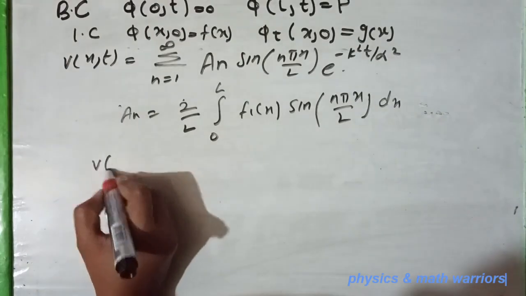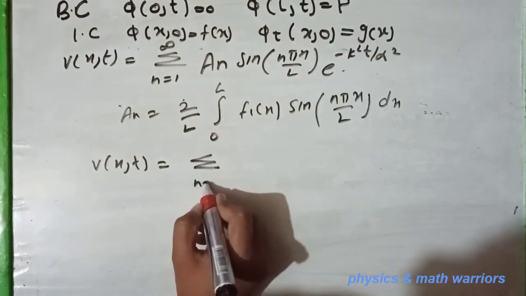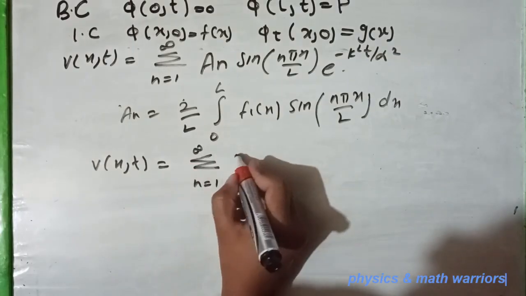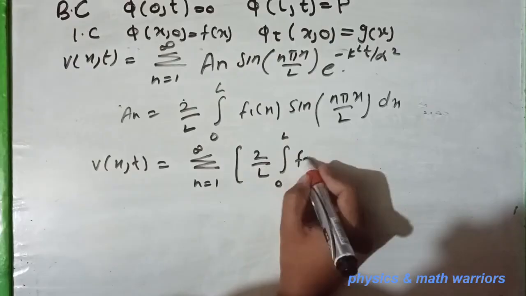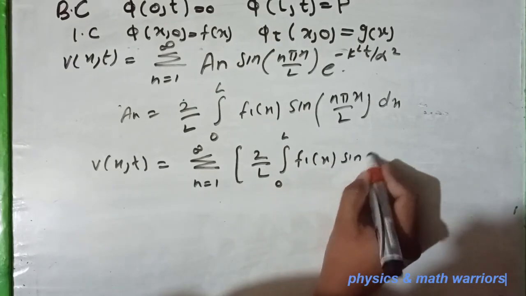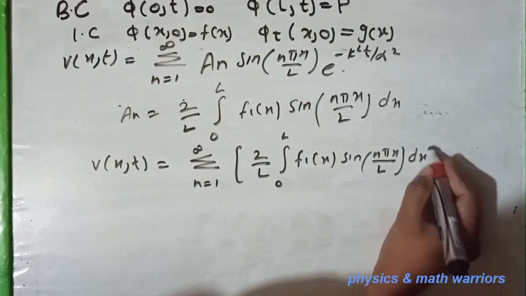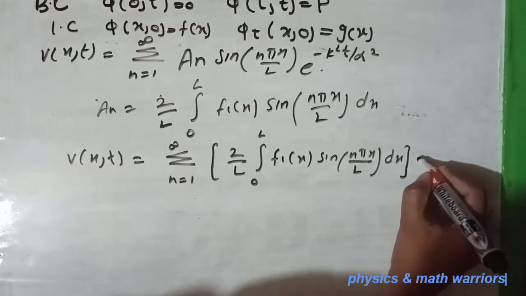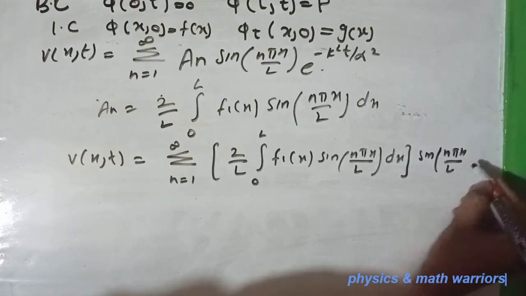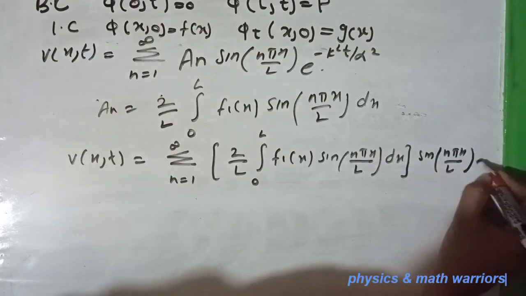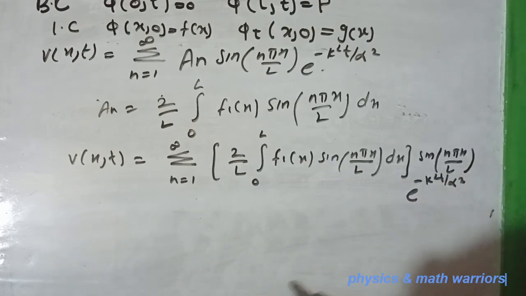So v of x and t is equal to summation n is equal to 1 to infinity 2 over L integral from 0 to L f1 of x sin n pi x over L dx, multiplied by sin n pi x over L and exponent minus k square t over alpha square.